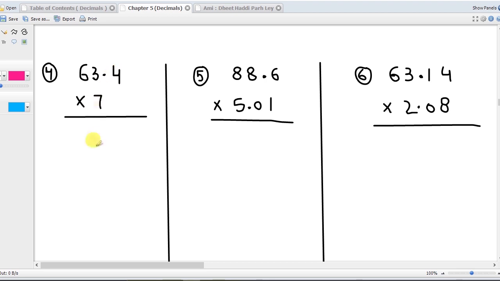So start multiplying. 4 times 7 is 28. So 2 goes on carry. 3 times 7 is 21 plus 2 is 23. 2 goes on carry, and 6 times 7 is 42 plus 2 is 44. Now place the decimal point, so the decimal point should be placed here.